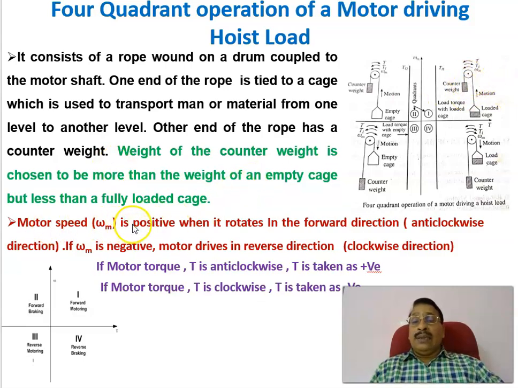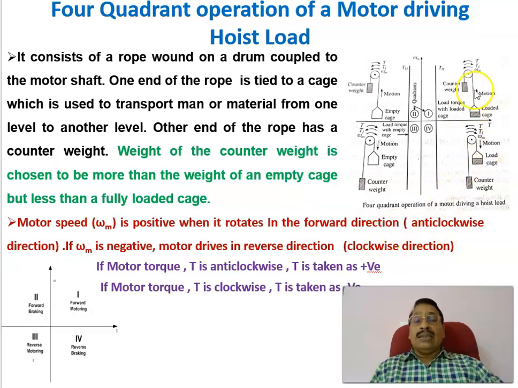Now, motor speed omega m is positive when it rotates in the forward direction, which we take as anti-clockwise. If the motor is running in the anti-clockwise direction, that is taken as positive. If omega m is negative, the motor drives in the reverse direction, which is taken as the clockwise direction.